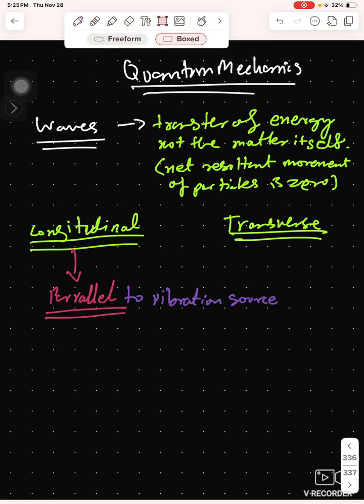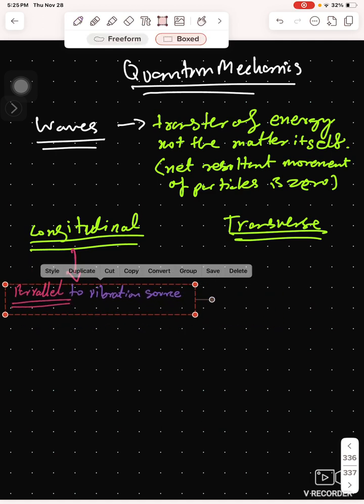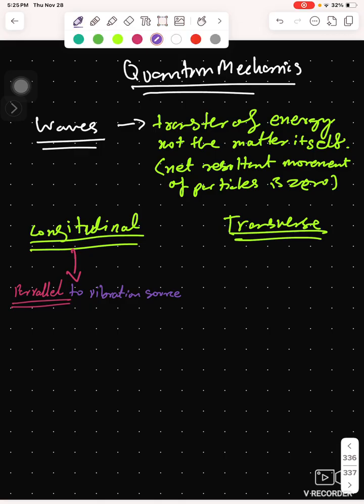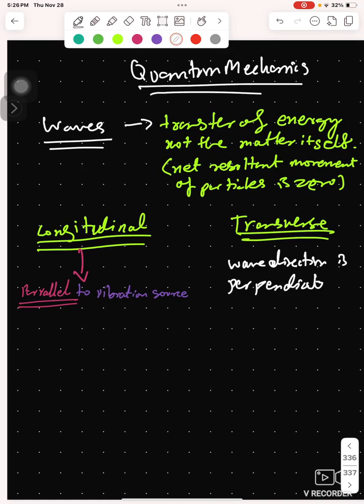Okay, and an example could be a spring which can be stretched and not stretched, a spring coil or whatever you want to say. And as for the transverse wave, the wave direction is perpendicular.